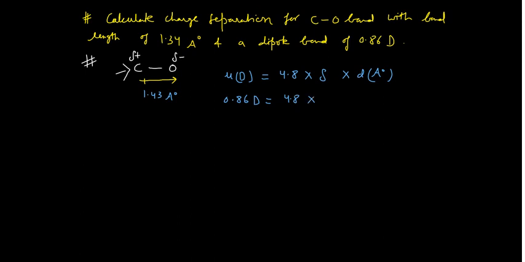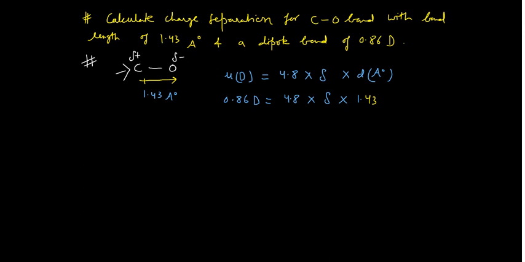The charge separation you have to calculate, and this d is given, it is 1.3, it is not 3, sorry, it is 1.43. So I have to make a little change from here also. This is 1.43 angstrom. Okay, this is how you can write.